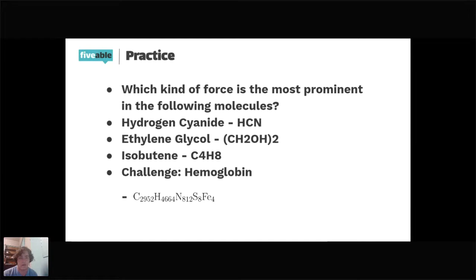How about isobutene, C4H8? What's the strongest kind of force between those molecules? Would it be hydrogen bonding, dipole-dipole forces, or London dispersion forces?